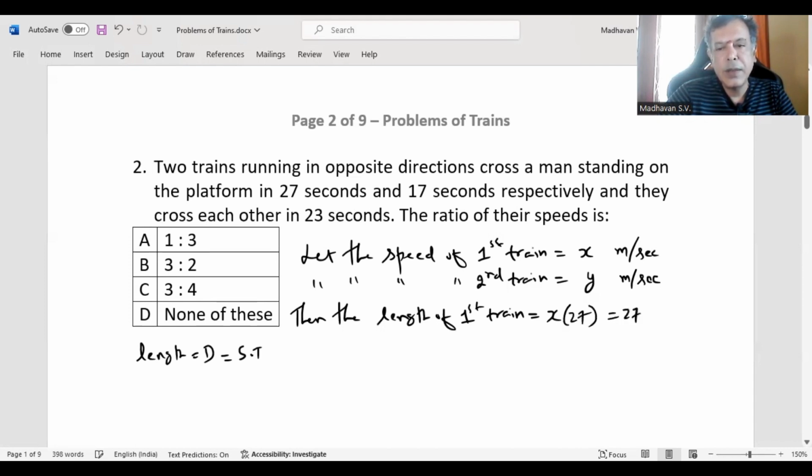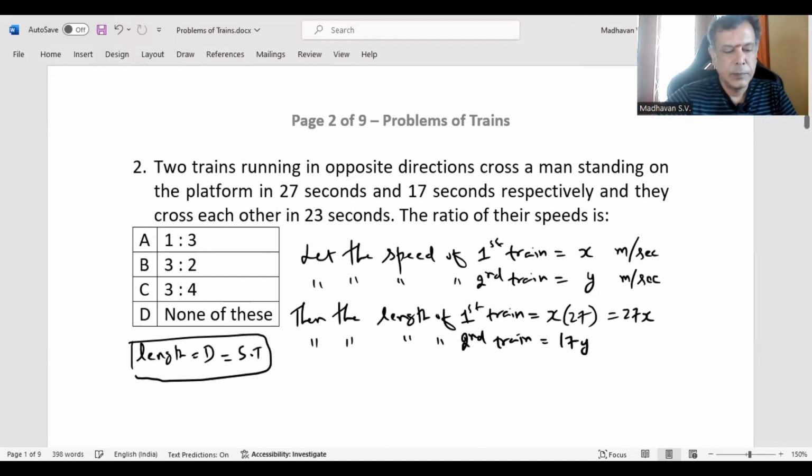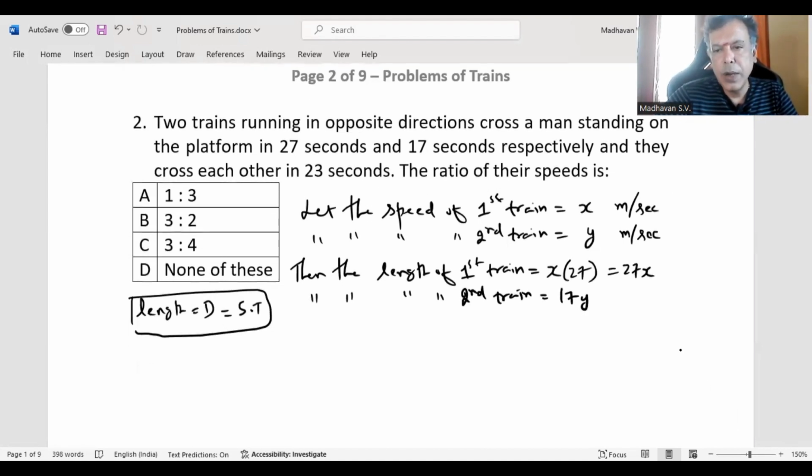So we get 27 times x. And then the length of the second train will become 17 times y. These two are in meters.